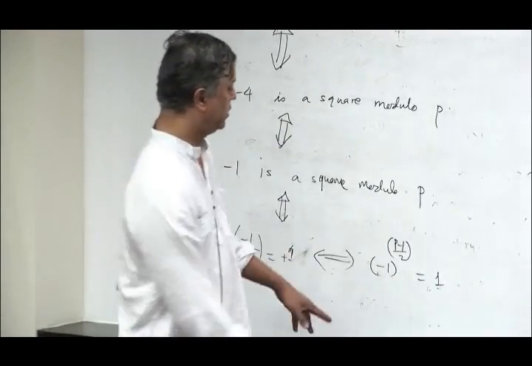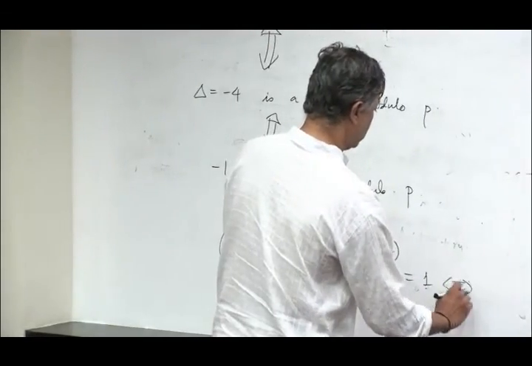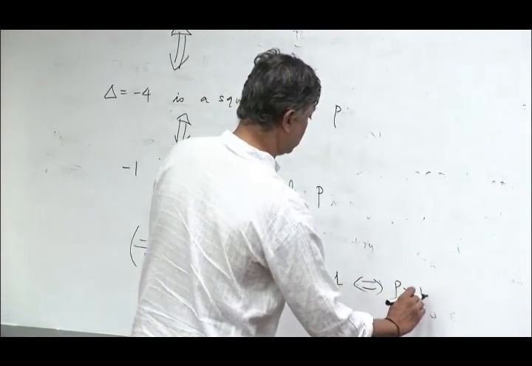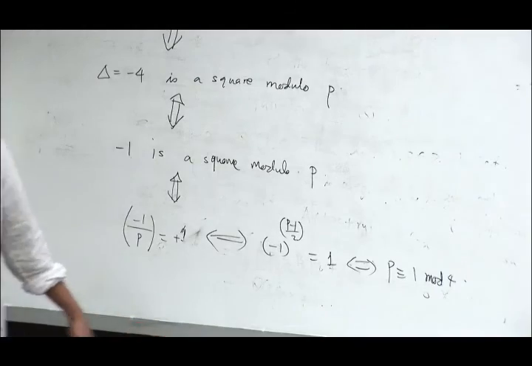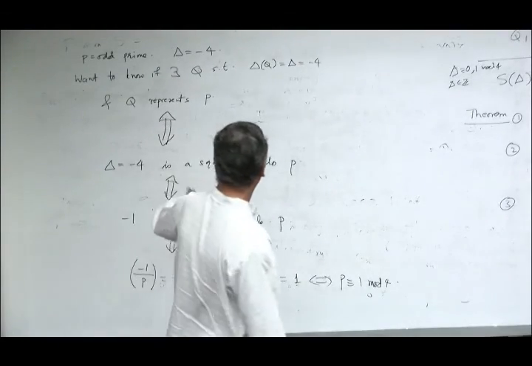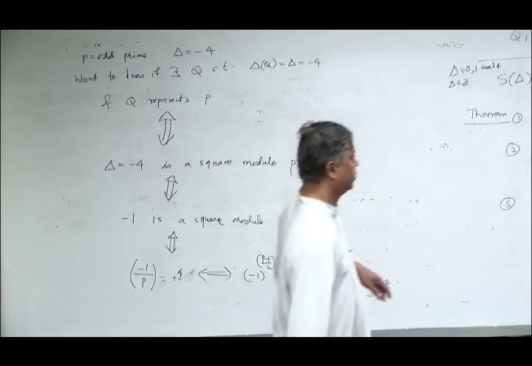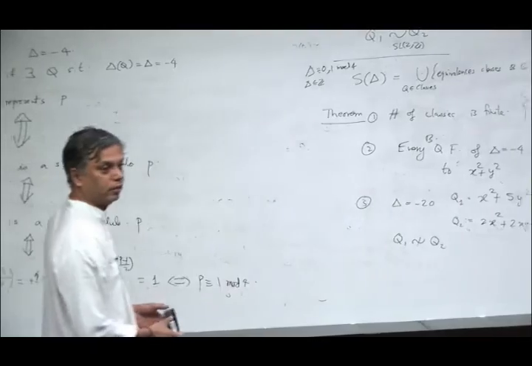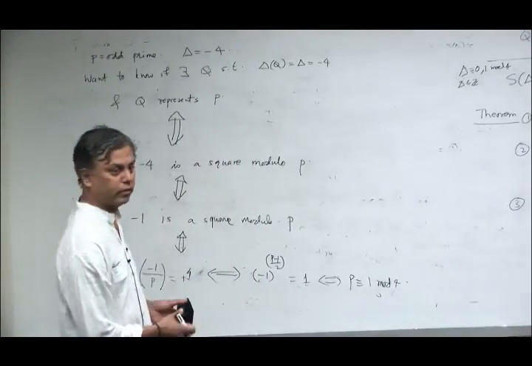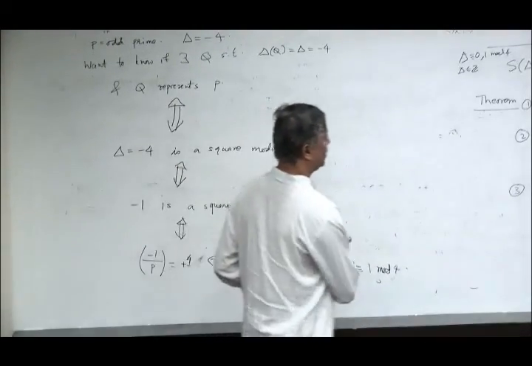But this is equal to 1 if and only if P is congruent to 1 mod 4. And so we get the theorem that P is a sum of squares of two integers if P is congruent to 1 mod 4. Similarly, let's just move on.